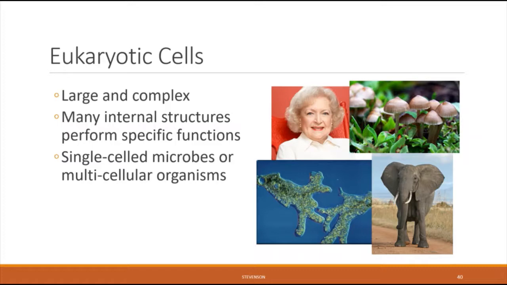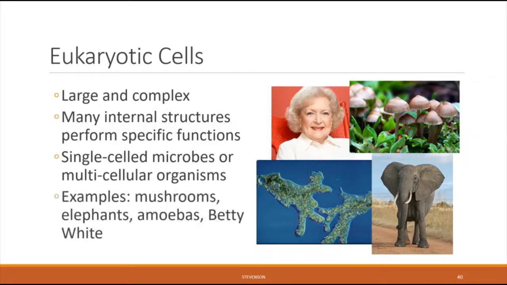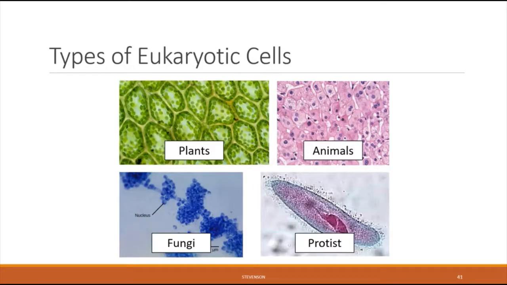Some examples of the wide variety of organisms that are composed of eukaryotic cells include mushrooms, elephants, amoebas, humans. Everything you see on the screen here is made of eukaryotic cells. And in fact, eukaryotic cells are so diverse that we divide them into different subcategories.